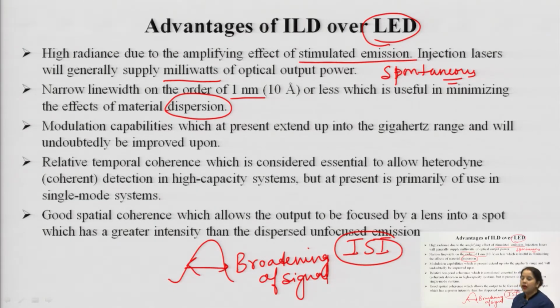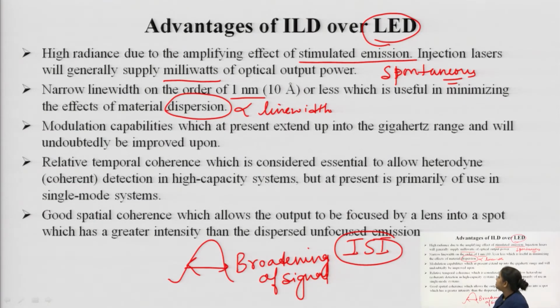So, this is the general description of what occurs in the case of dispersion, and we know that the magnitude of dispersion is directly proportional to the line width. So, if we want to reduce the dispersion, then we have to reduce the line width.